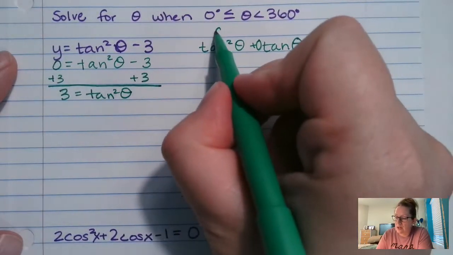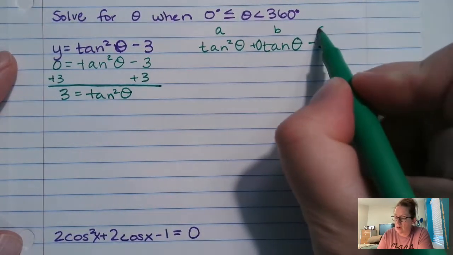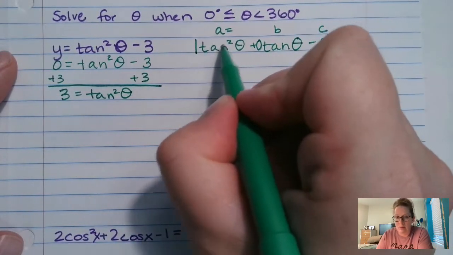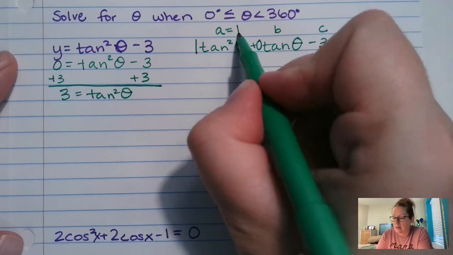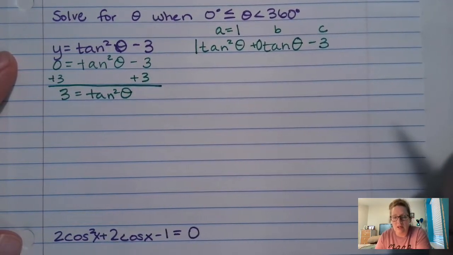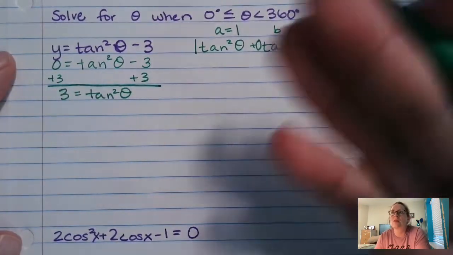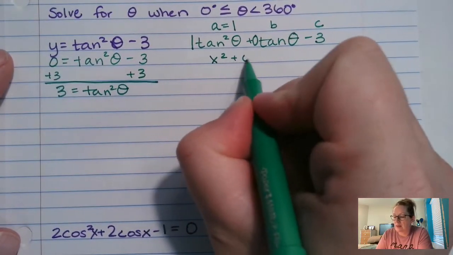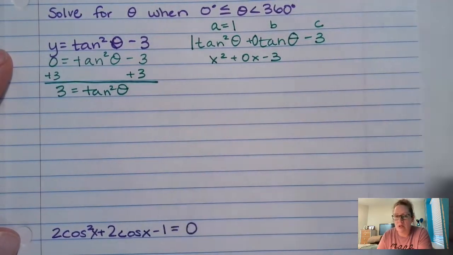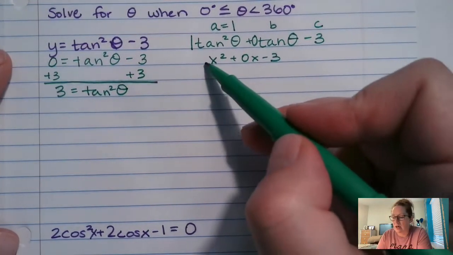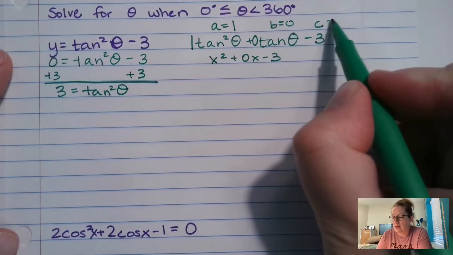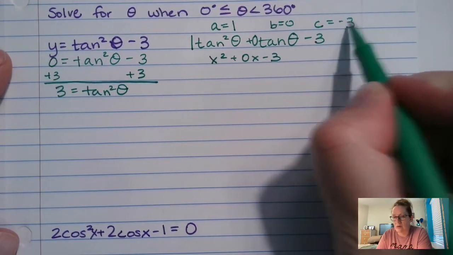So if we were looking at this in terms of A, B, and C for quadratics, A would be 1x squared, remember tan and x are all interchangeable, so I shouldn't say interchangeable, but they work the same way. If this was x squared plus 0x minus 3, we could solve this using quadratic and say, okay, our A is 1, our B is 0, and our C is negative 3.